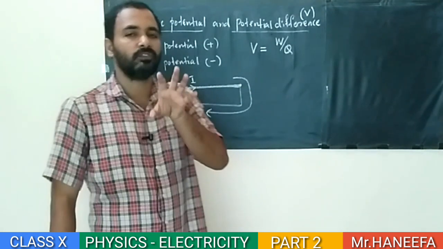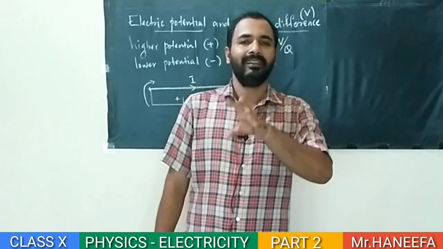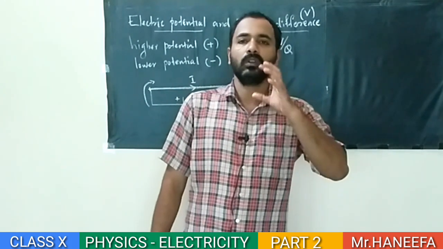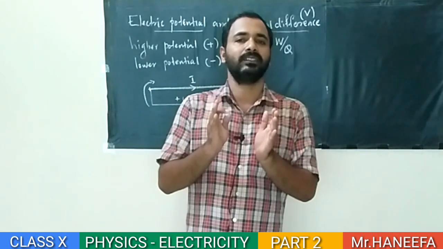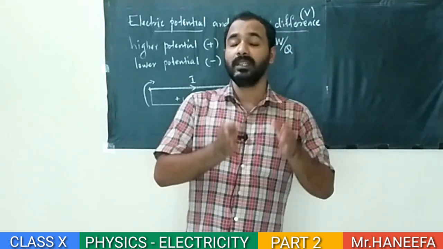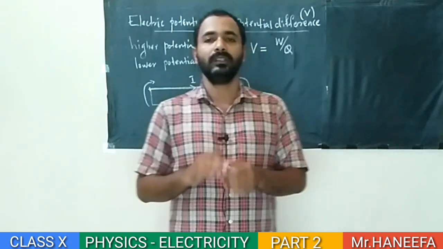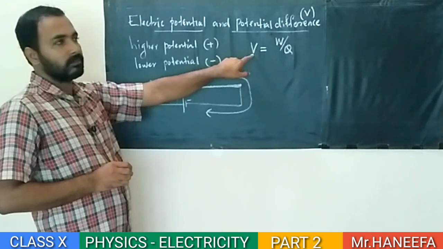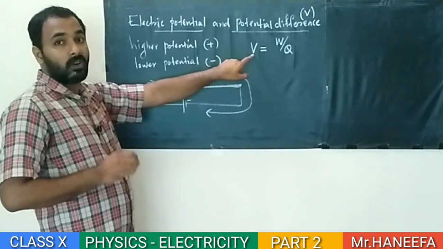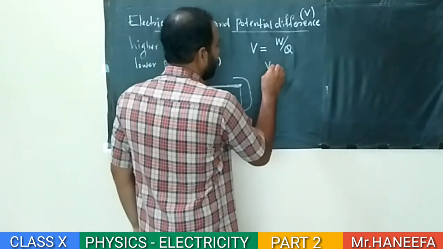So the direction of current is from positive to negative. When a cell or battery is connected to a metallic conductor, current flows from higher potential to lower potential. This work done is called potential difference, or it is called voltage.